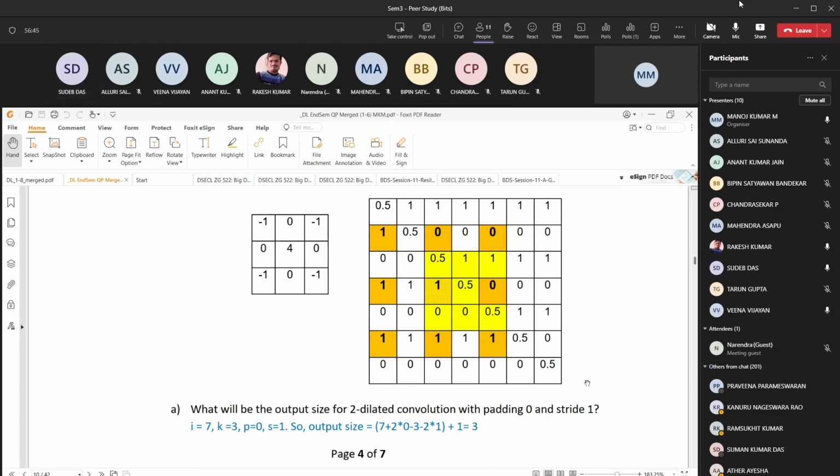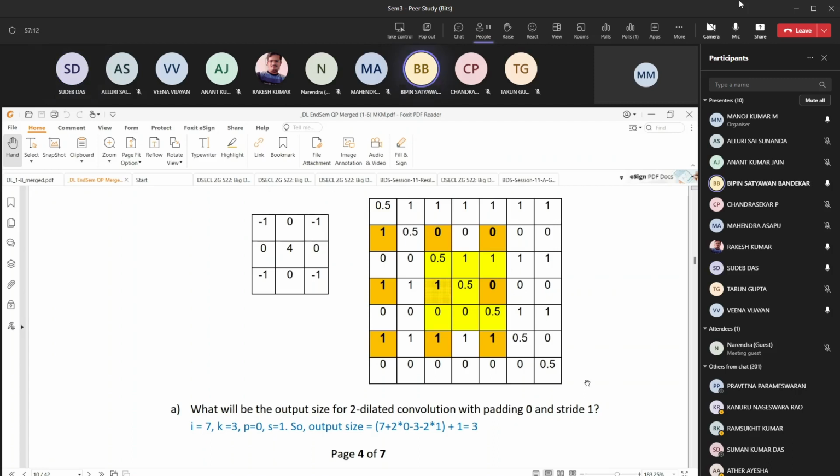So guys, you are getting confused between stride and dilation. Stride is on the output side, with respect to the input: it tells where the filter has to be applied on the input.